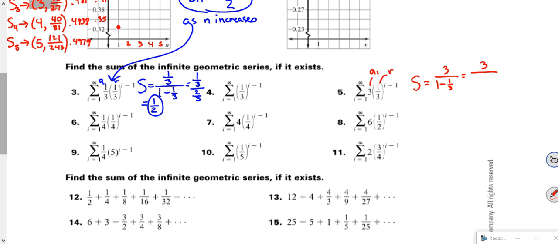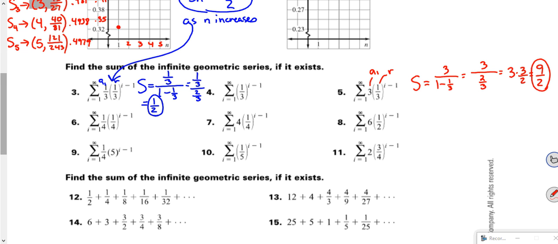Well, that's 3 divided by 2/3, which is 3 times 3/2, or 9/2. That would be my answer.